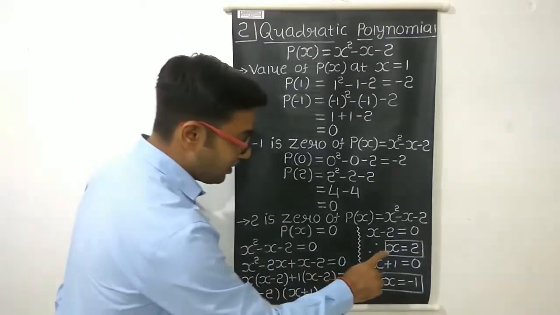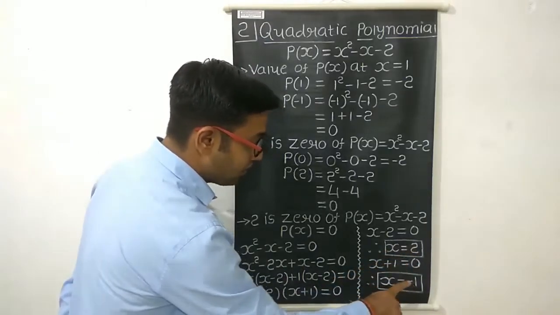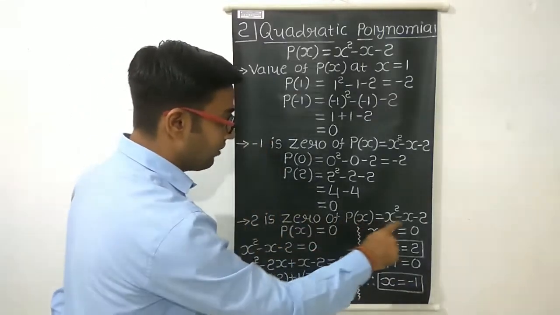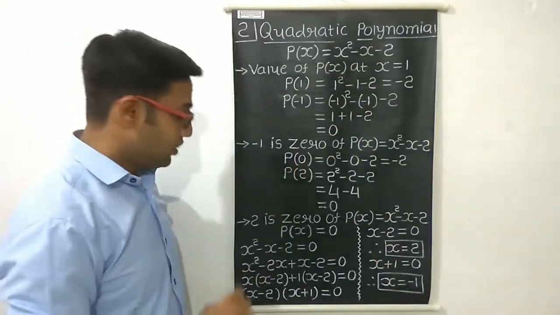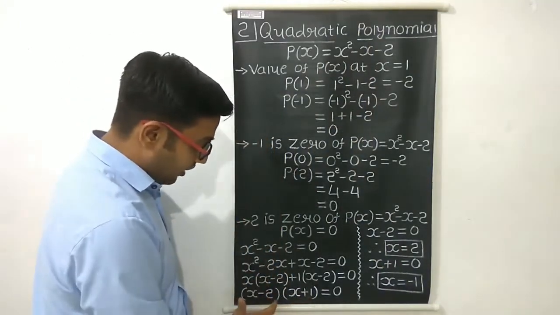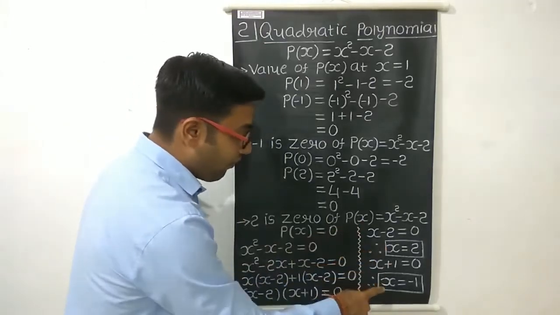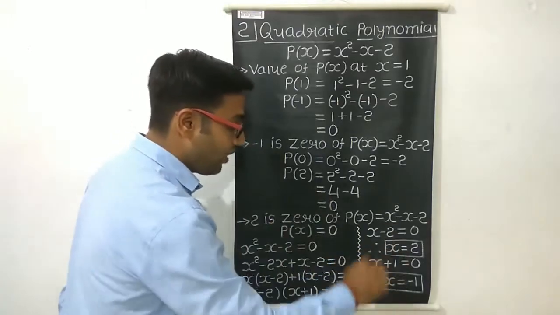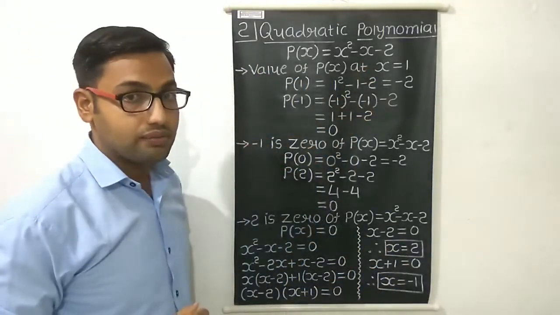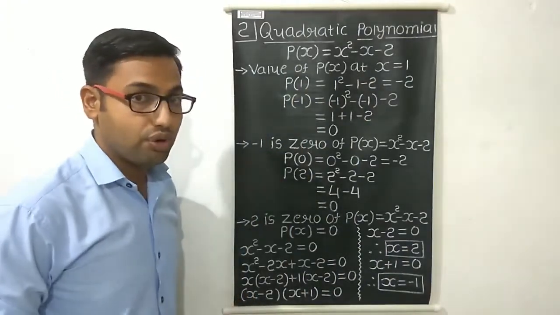You can notice that this value of x, 2, and this value of x, minus 1, are the zeros of the given polynomial, as we have already seen. So in this way, by factorizing the quadratic polynomial and comparing the factors with 0, we get the value of x, and that value of x becomes the zero of the quadratic polynomial.